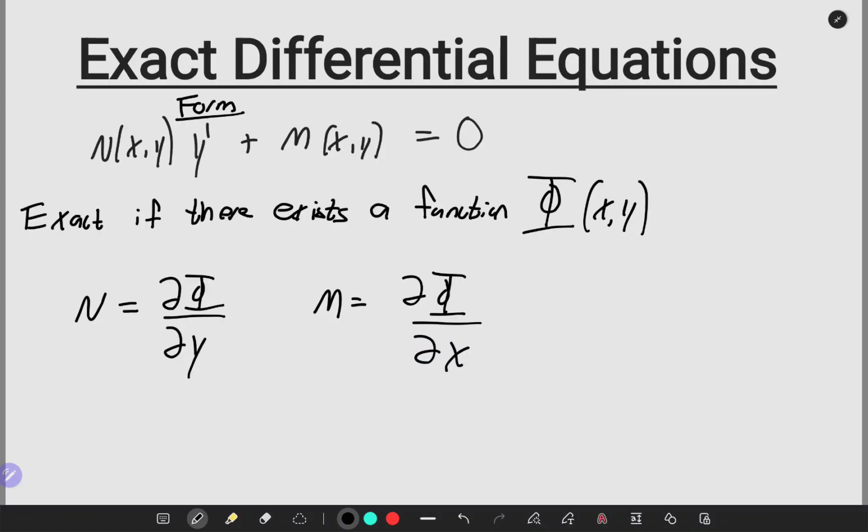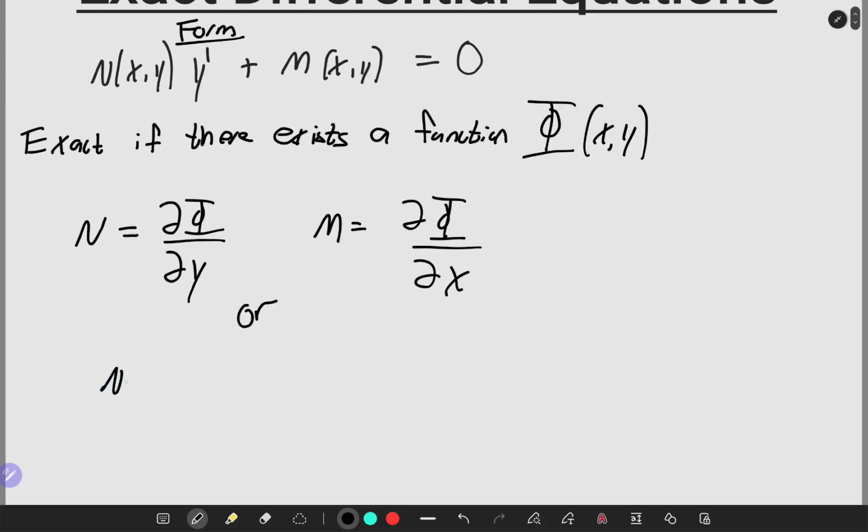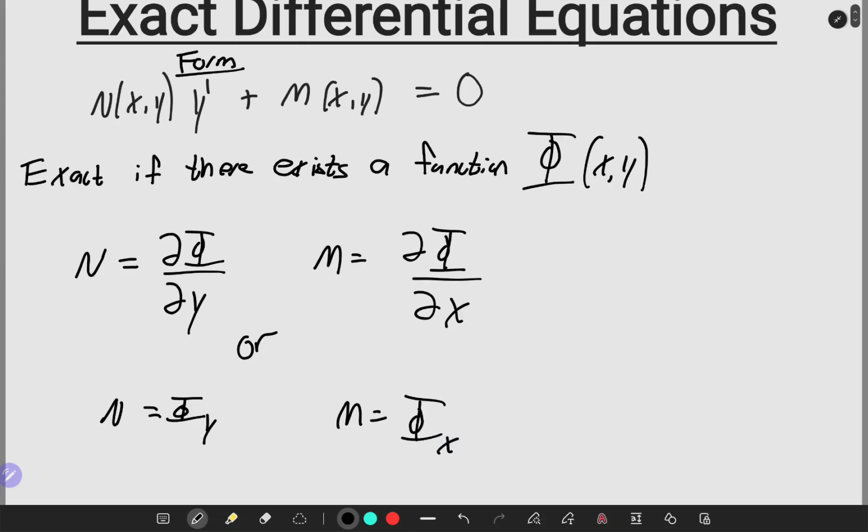You can also write this in different ways: n is equal to phi sub y, and m is equal to phi sub x. It's just different notation. If you've taken Calc 3 and know how to do partials, this should be very familiar to you.